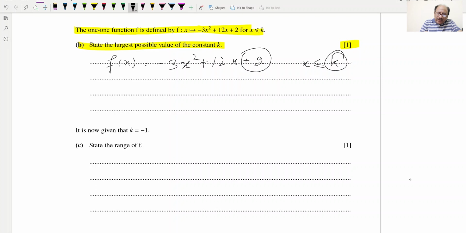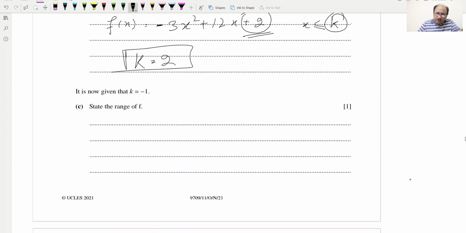Because if we take x as negative, this square will be a positive value, and it will be multiplied by minus 3, and this will be a negative value. So this portion will always be a negative value, and if it is 0, in that case the maximum will be 2, so k will be equal to 2. This will be our final answer for this part, 1 mark, B part.